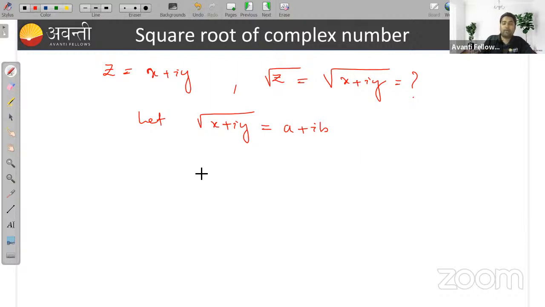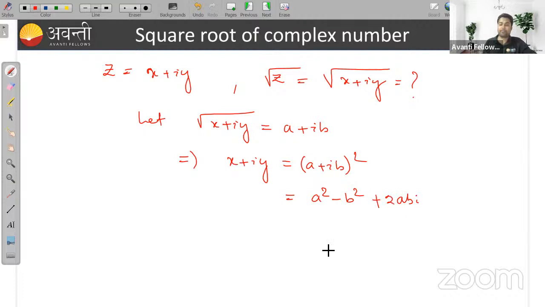Now if we square both sides, what will you get? x plus iy is equal to (a plus ib) whole square. Just open this identity. What will you get? a square, and I square is minus 1, so ib square is minus b square, plus 2ab i.